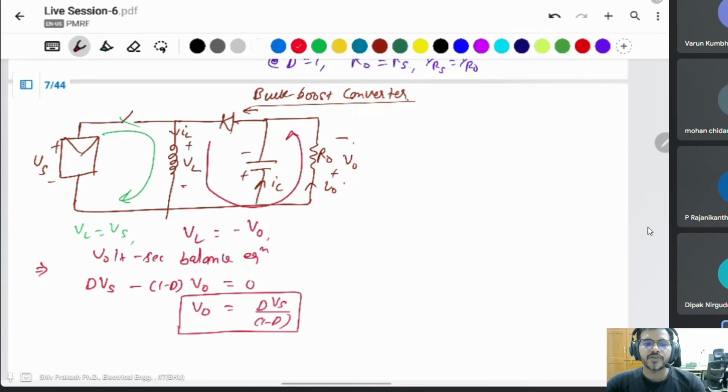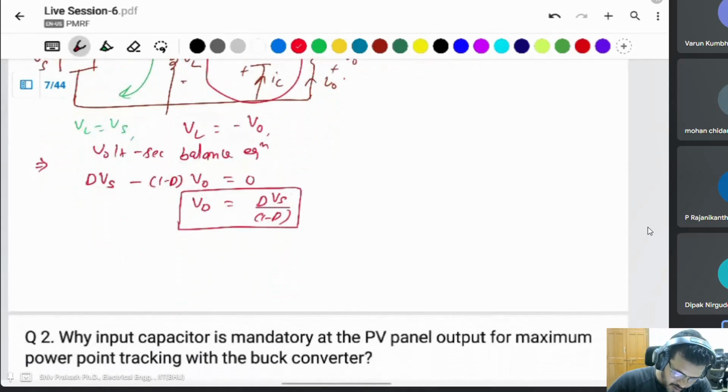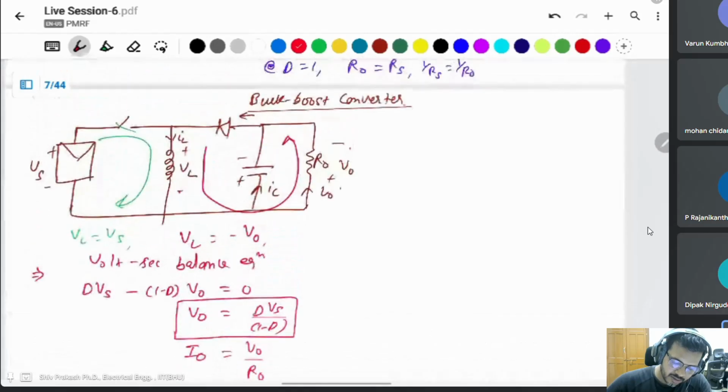This is the output voltage equation of the buck boost converter. And you know I naught is simply V naught by R naught, and Is is simply Vs divided by Rs.